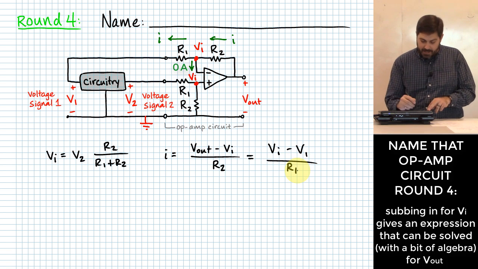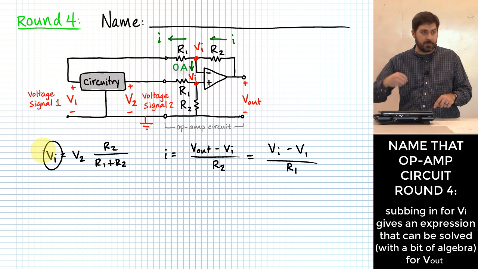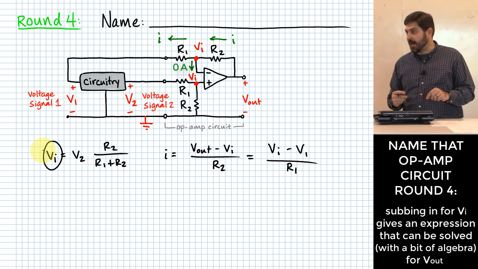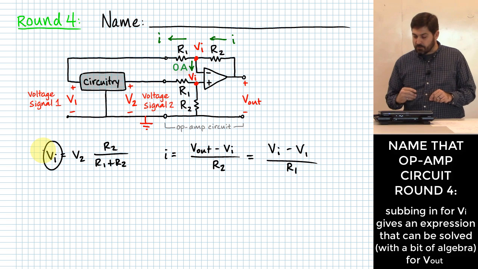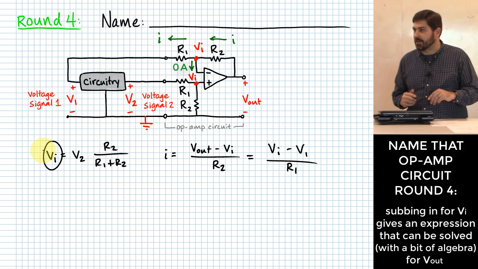Now, what do you think I'm going to do with VI? I can sub in what I figured out VI was, in terms of V2 and my resistance values. While I'm doing that, let me also multiply both sides by R2, because that puts it in a form I like better.